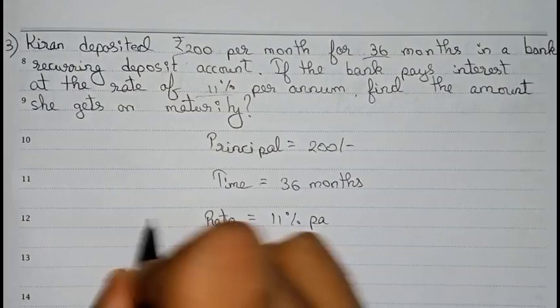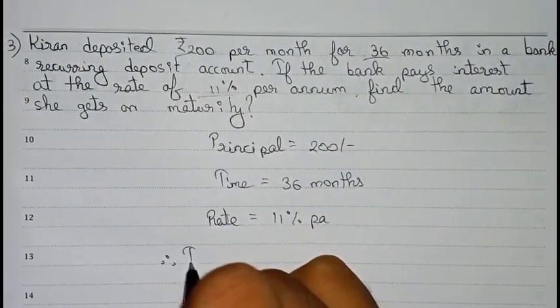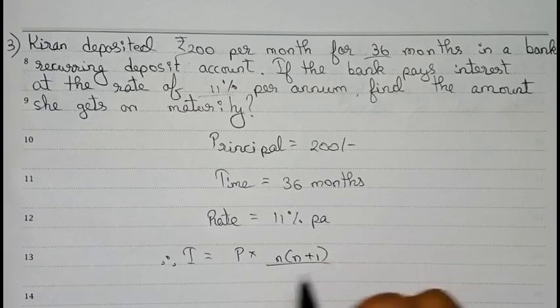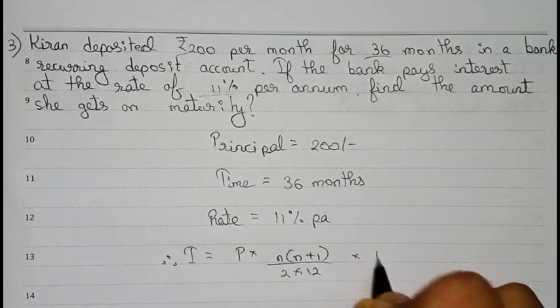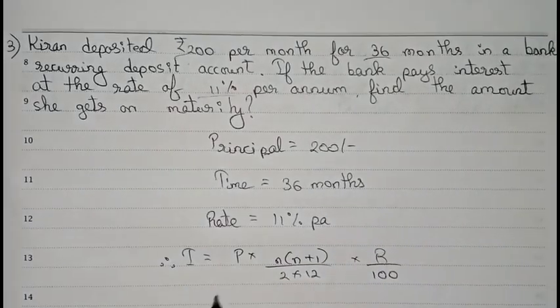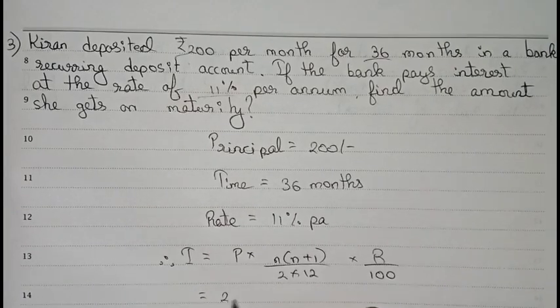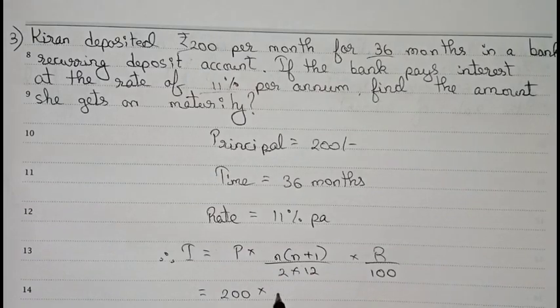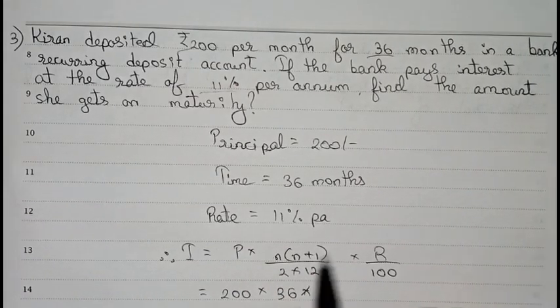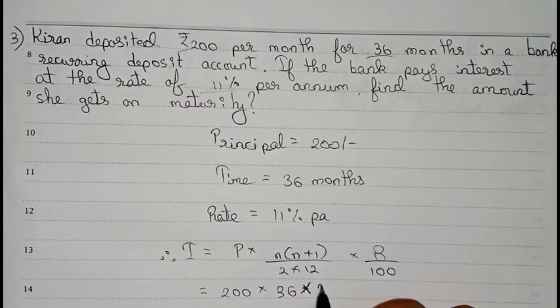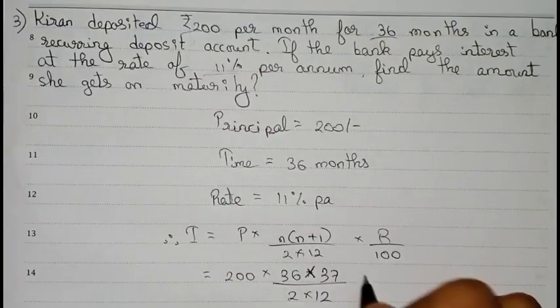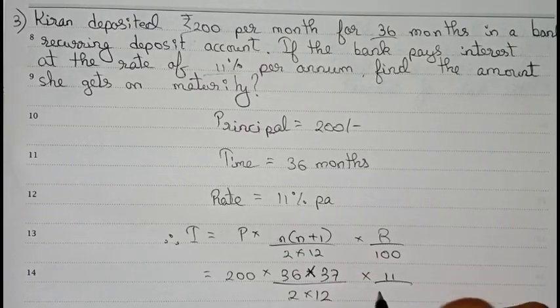So here first we'll find the interest. Principal into n plus 1 by 2 into 12 into r by 100. So principal is 200 into time is 36 into n plus 1, that means 36 plus 1, that means 36 into 37 by 2 into 12 into rate is 11 by 100.